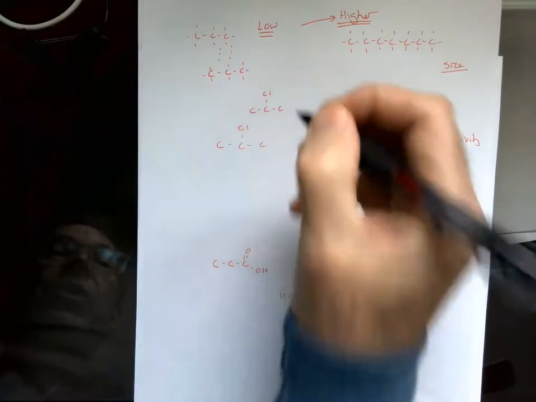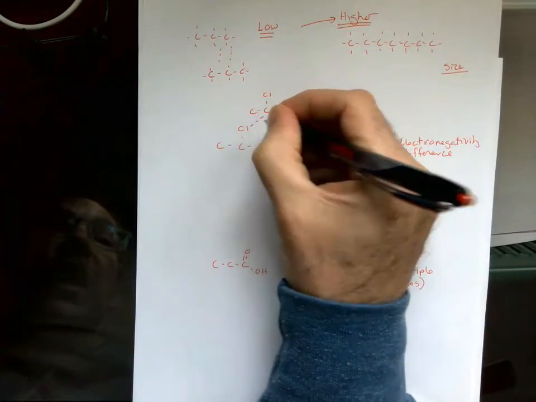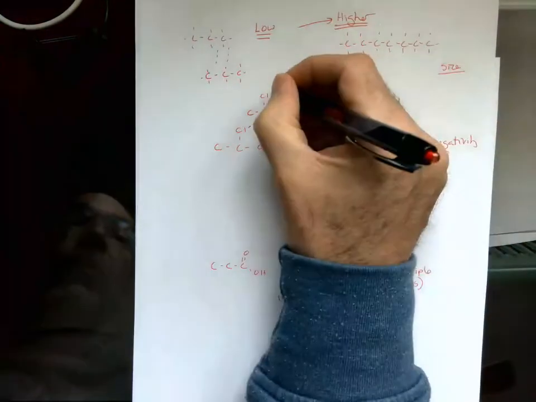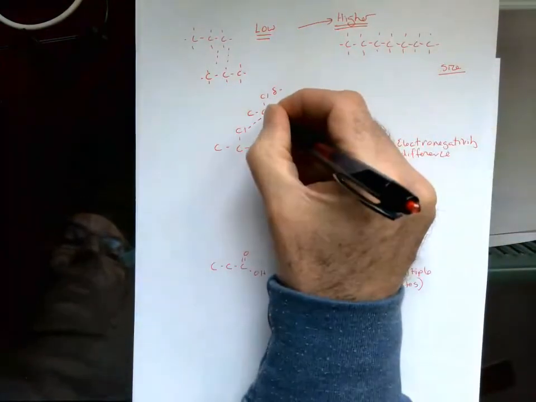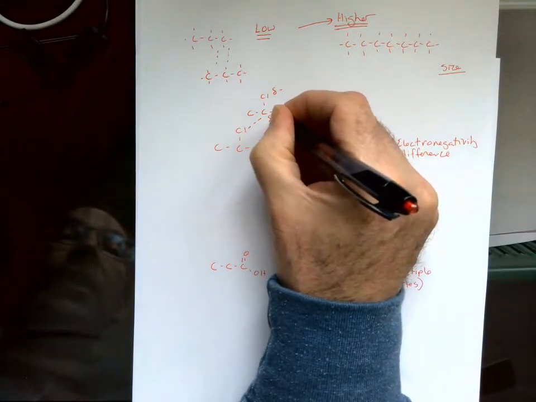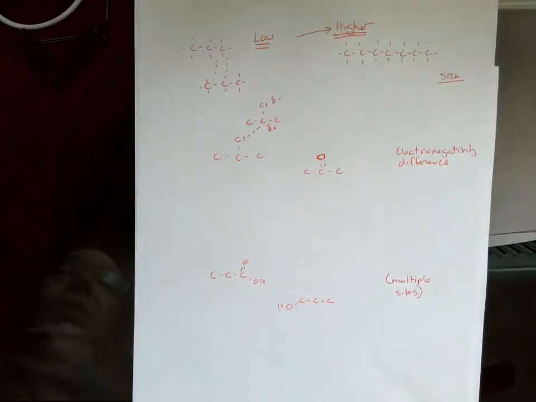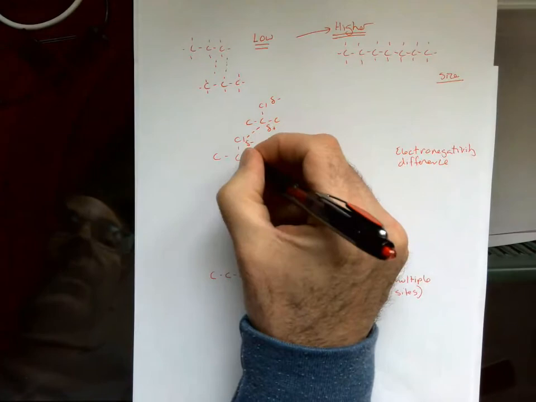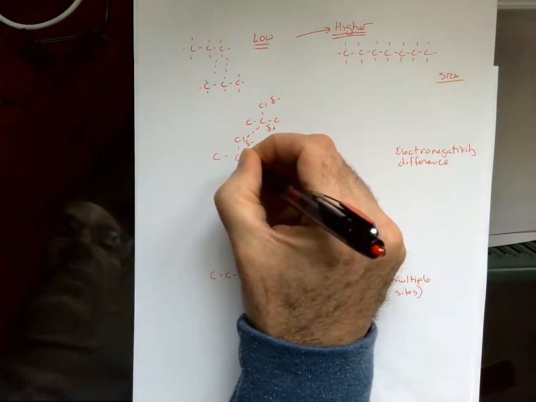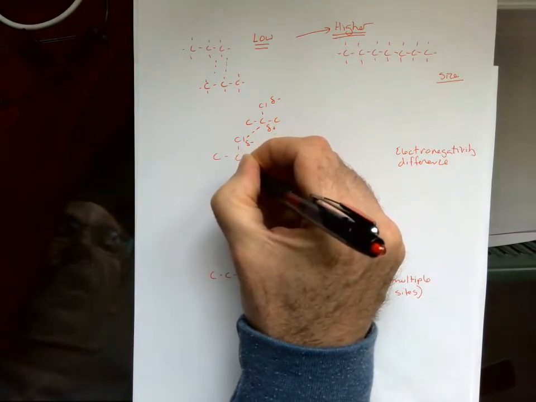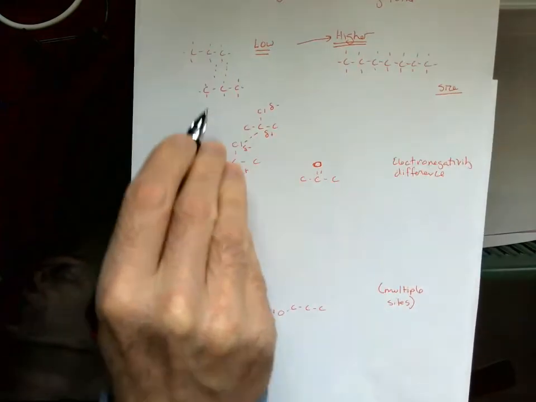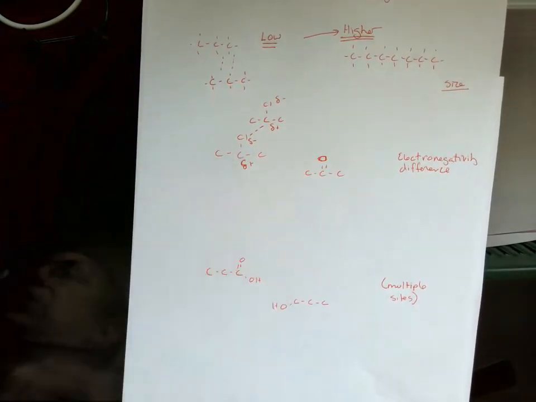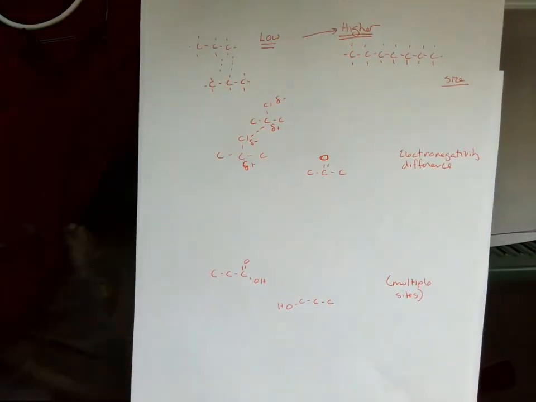So if we take a look at this molecule right here, the Cl is attracted to the C. Remember, the more electronegative element will be negative. The other one will be positive. So the negatives and positives attract. So this is going to have a higher boiling point than this will because these dipoles are stronger.